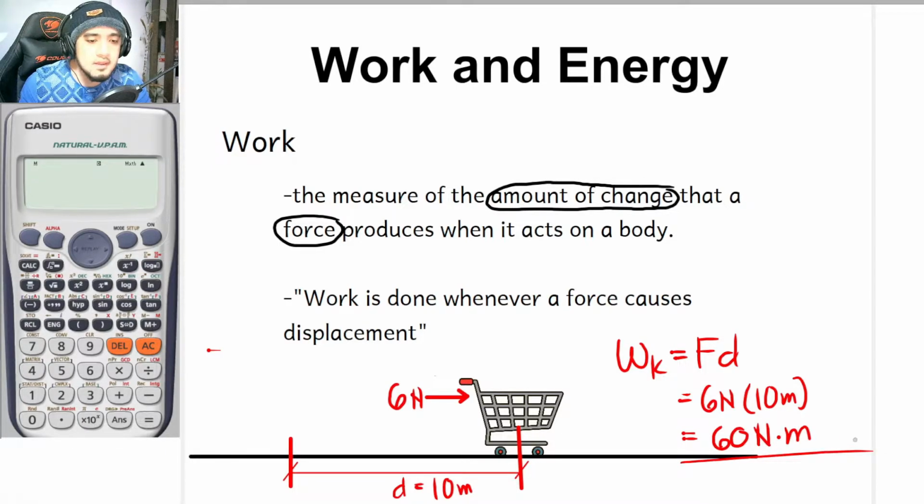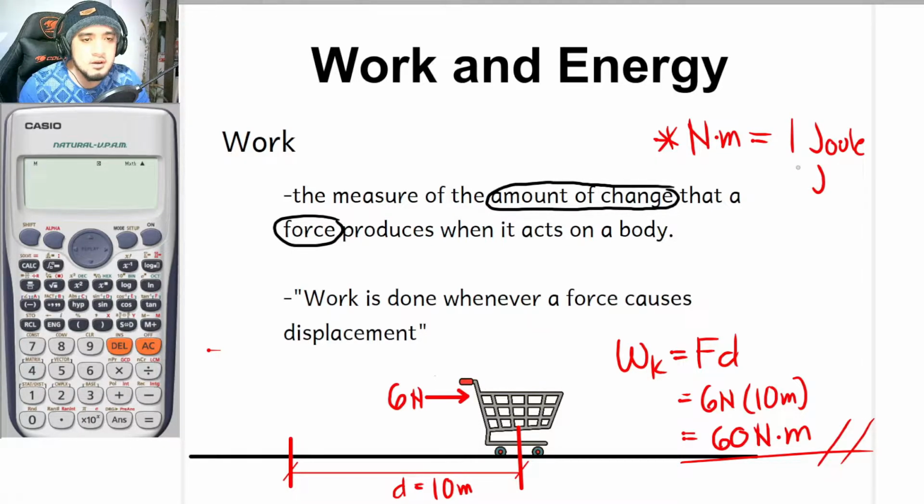So basically, this is the work. But take note, guys, that 1 newton meter is equal to 1 joule, or 1 J. So this is equal to 60 joules. That is how we compute for work.